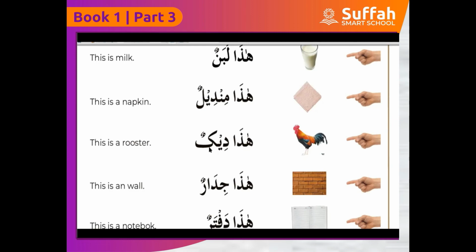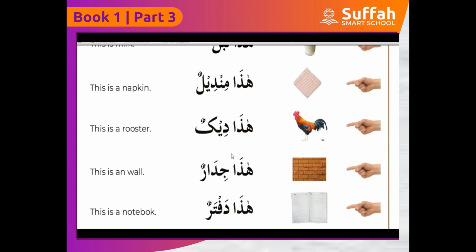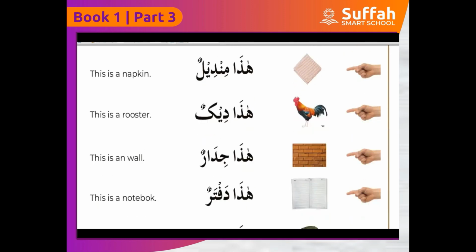Oh, okay. Kaf. Dikun. It's not a new letter, it is kaf, the same kaf that we studied. It is written like this. Dikun. Okay, sir. Hada dikun. Dikun is a rooster. Rooster, you understand? Yes, sir. In Urdu, we call it murga.